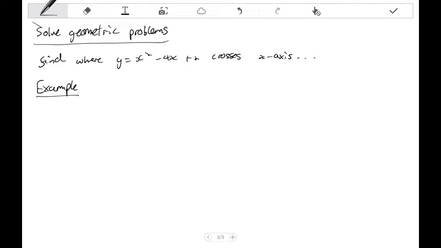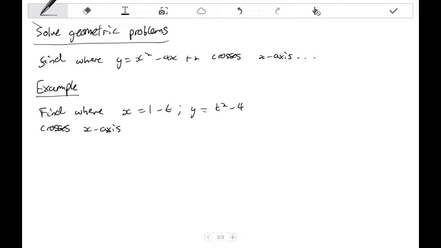We're going to do this exact example, but with different equations. So we're going to find where x equals 1 minus t, y equals t squared minus 4 crosses the x-axis.